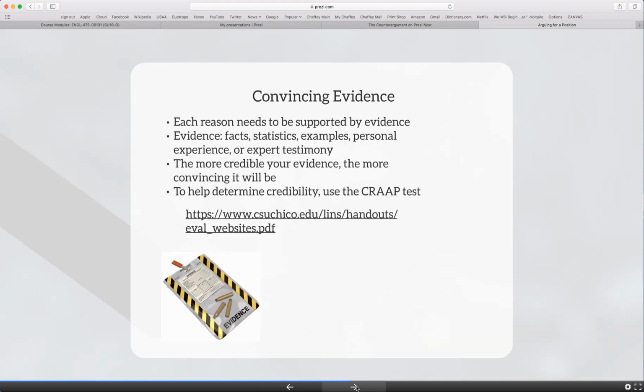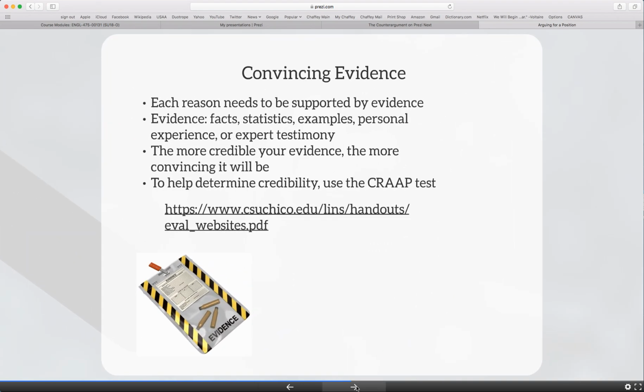Sometimes students have a hard time knowing what kind of evidence is convincing. So in general, what we're typically looking for in terms of evidence are facts, statistics, charts, graphs, right? Examples, maybe even personal experiences or expert testimony that's going to help support that reason, right?